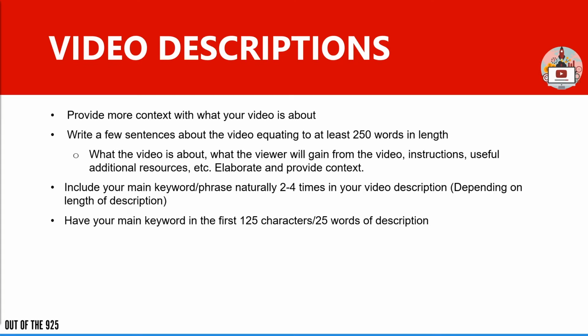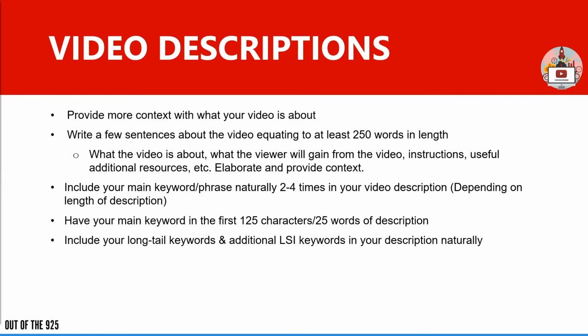That's immediately telling YouTube's algorithm what this video is about, what the content of this video is, and then how it should rank it and who is the intended audience for this specific video. So you want to include your main keyword or key phrase within that first 125 characters or the 25 words of your description.